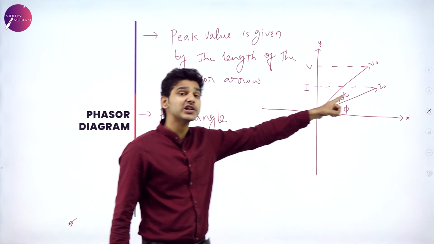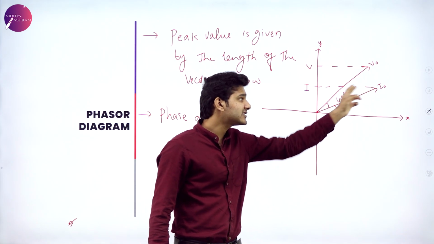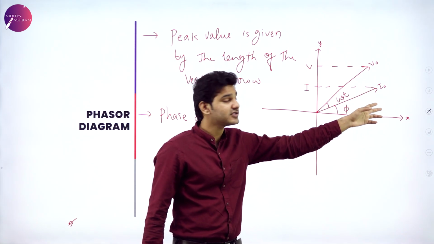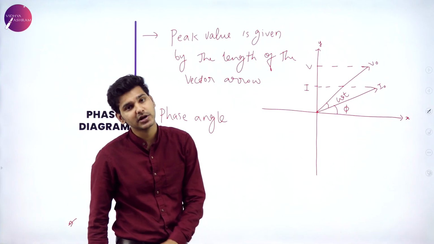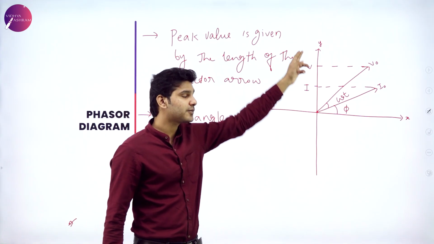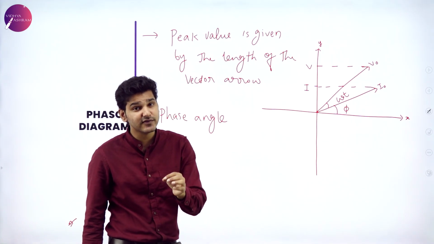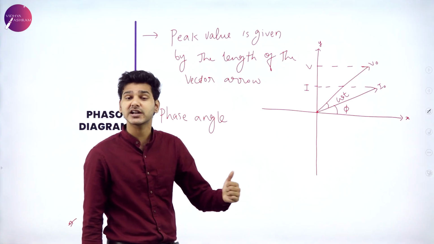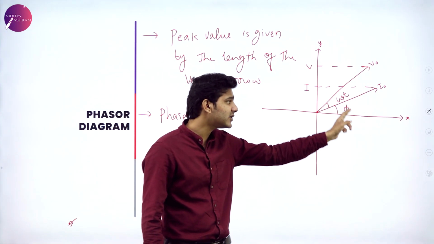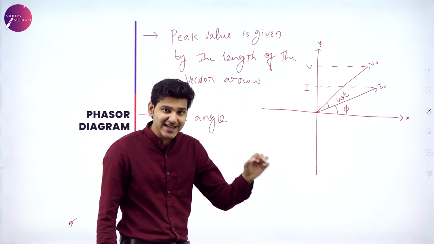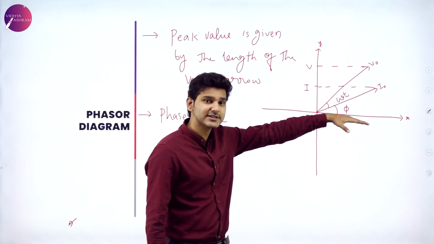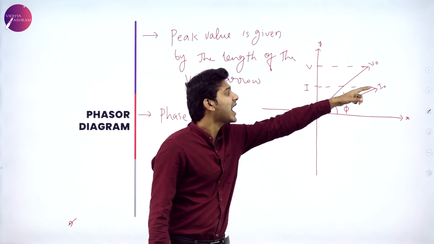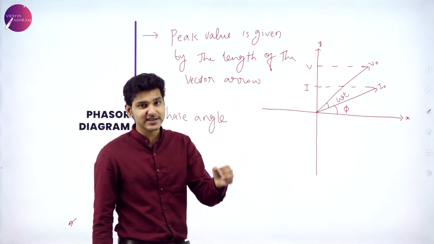Remember, I0 is the peak value, and that is given by the length of this particular vector. And here the projection onto the y-axis will give you the instantaneous value of current and voltage. The angle between the axis where we start to measure the angle and the vector itself will give you the phase angle.